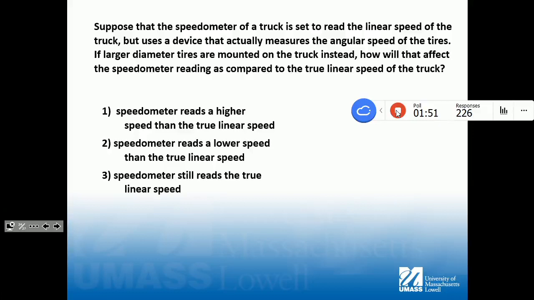If it thinks you're using a smaller tire, it's multiplying the omega against a smaller number than what it should be multiplied by. So it will be less than how fast you're actually going.